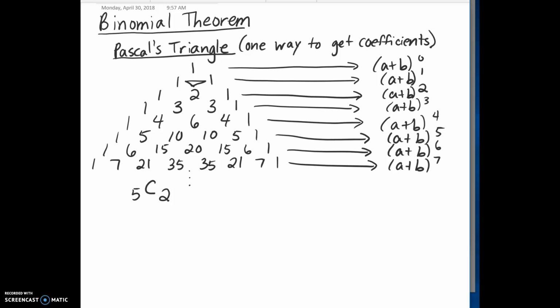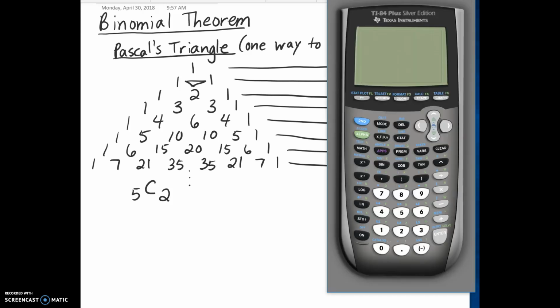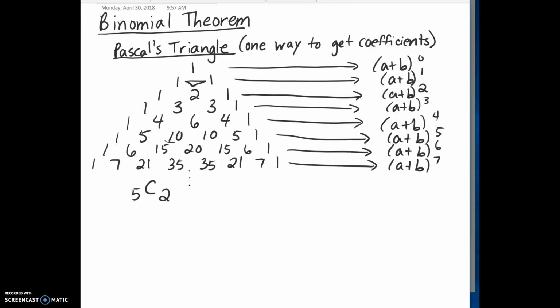This combinations will give you all of these same numbers in these rows depending on the spot that you're looking at. So if I go to my calculator and I type in 5, you're going to go to math, go over to PRB, and then select combination, so 5C2. That does give us the 10 that's in this spot. So that's 0, 1, 2, 3, 4, 5.